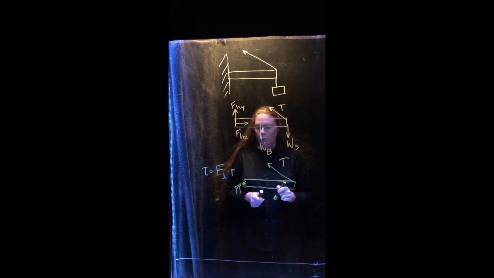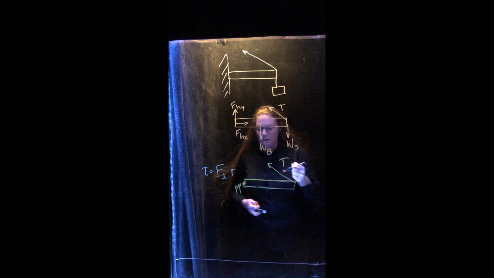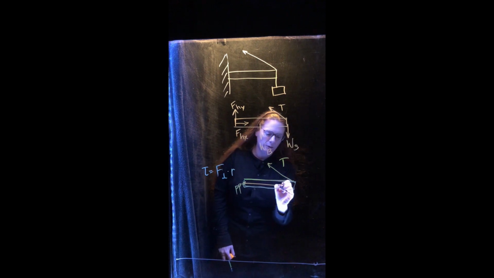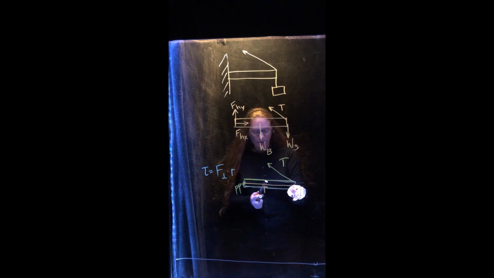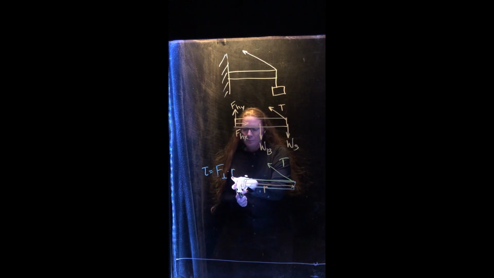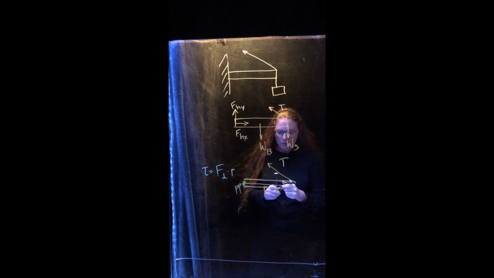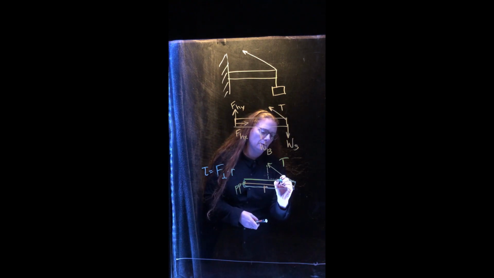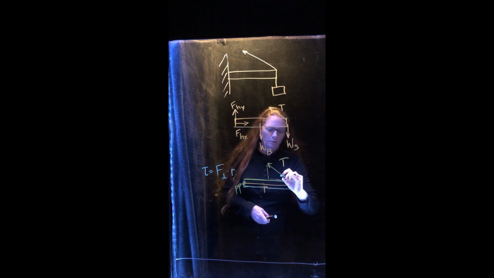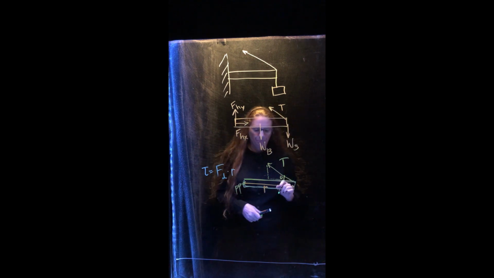Now what I want to do is first draw the radius, that lever arm, so R looks like that, the distance from the pivot to where the force acts. Now I want the perpendicular force to R. The tension has 2 components, and say this is an angle, theta.